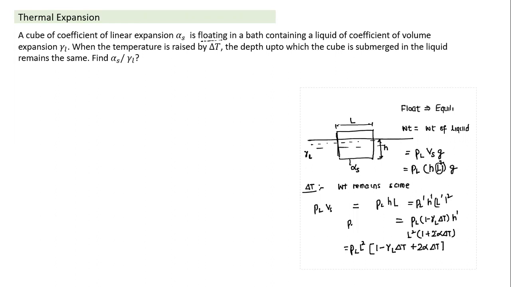Because when you multiply, those terms can be neglected. So this becomes my H dash. What is H dash equal to? H dash will be equal to H divided by 1 plus gamma L minus 2 alpha delta theta.